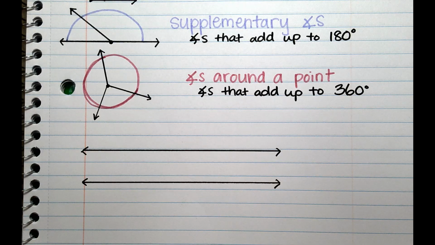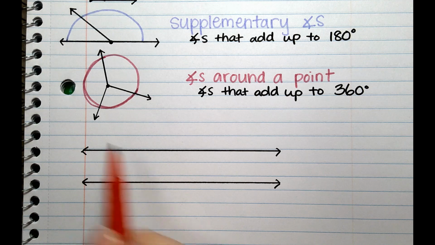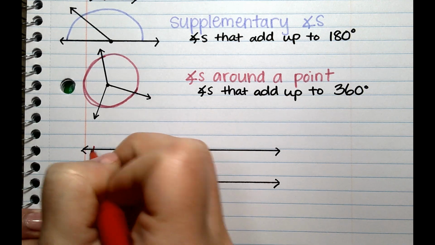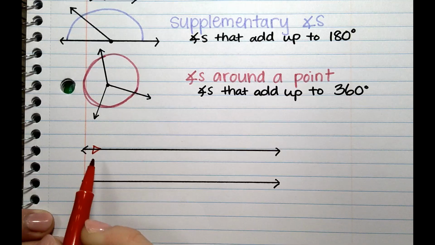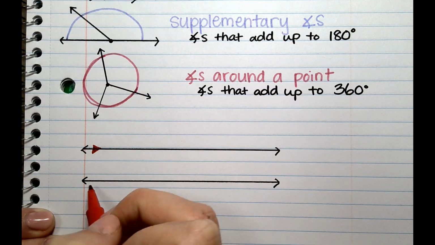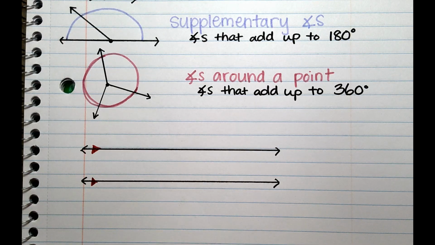And on the ends, either near the beginning of the lines or near the ends, I'm going to draw a little, look like a play button, like a triangle that I'll fill in red on both of those lines.